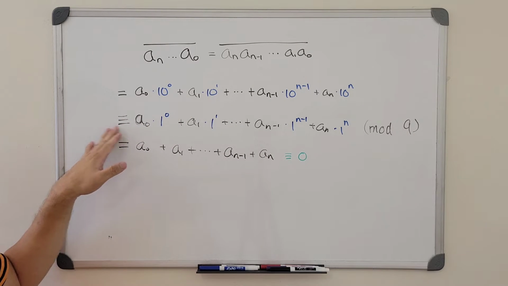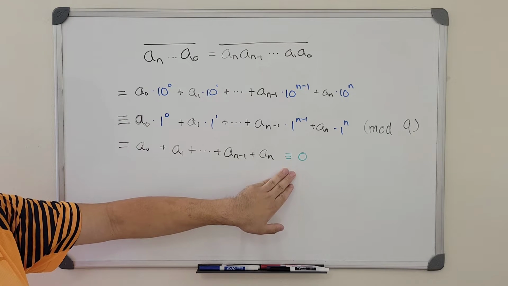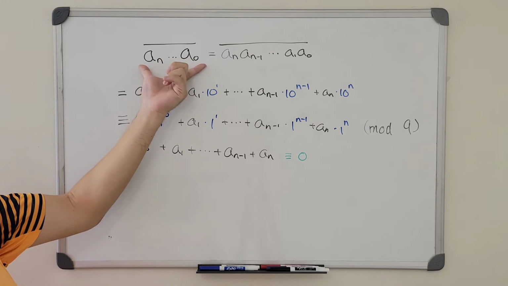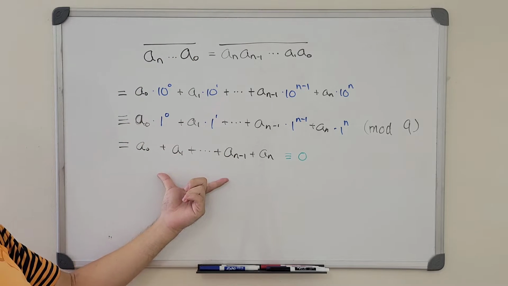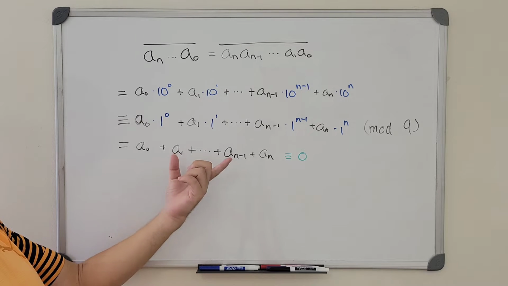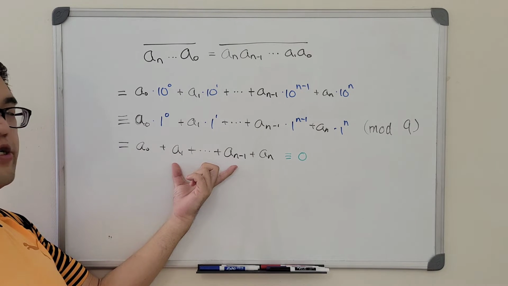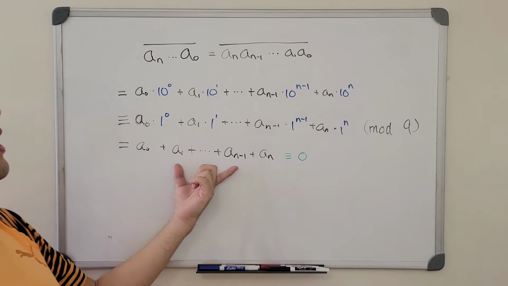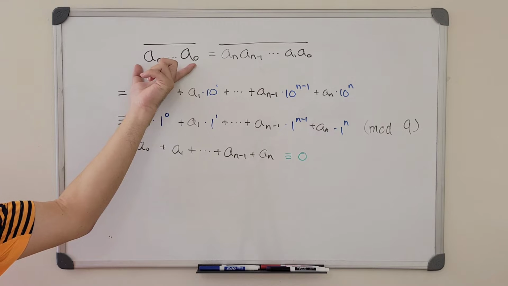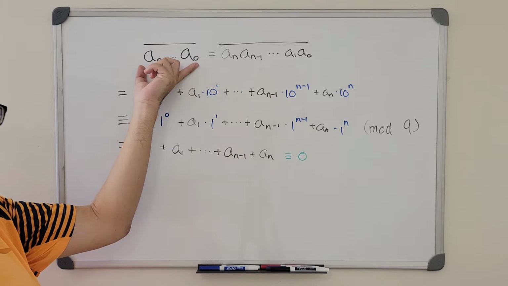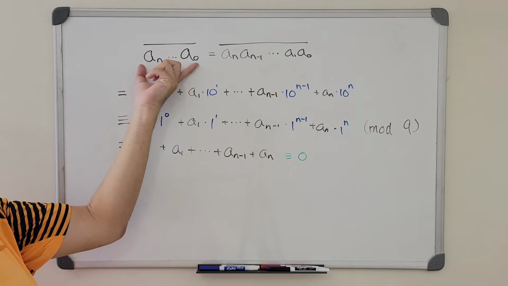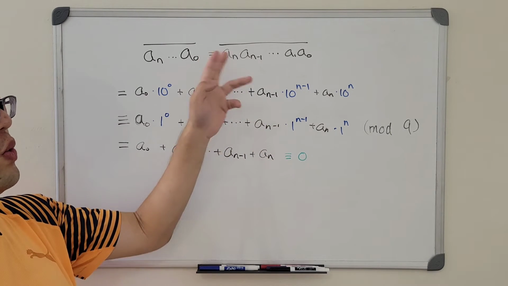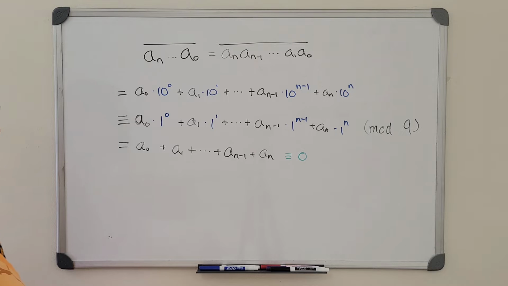Remember, congruence means that they have the same remainder. So these two expressions will have the same remainder, so that if the last part has a remainder equal to 0, it will be the same as the initial part, which is the original positive integer, also having the remainder equal to 0. In other words, it will be divisible by 9.